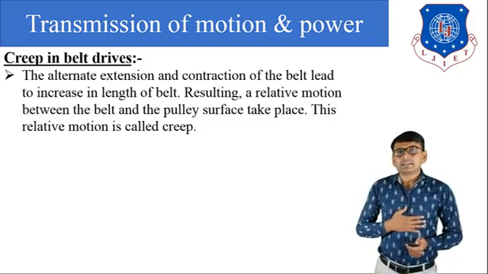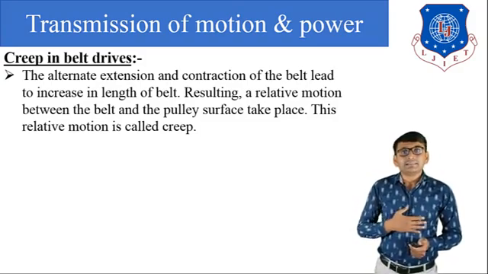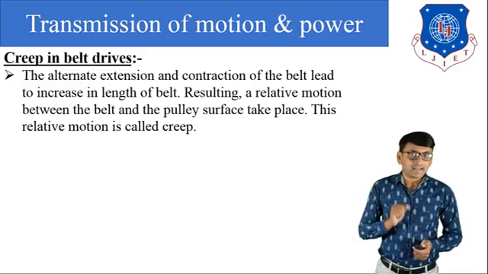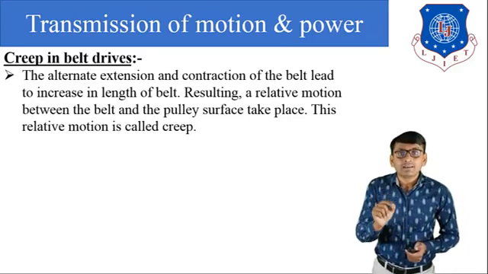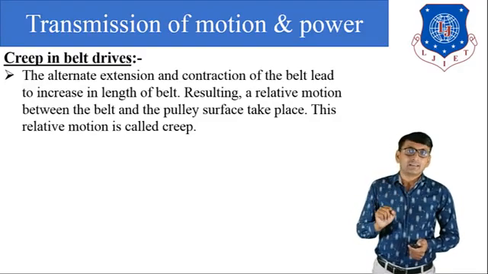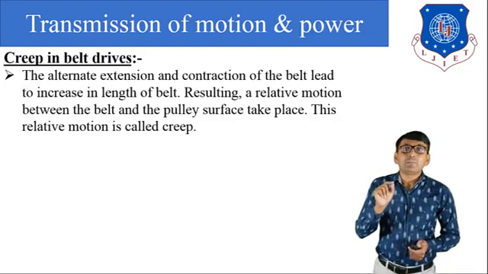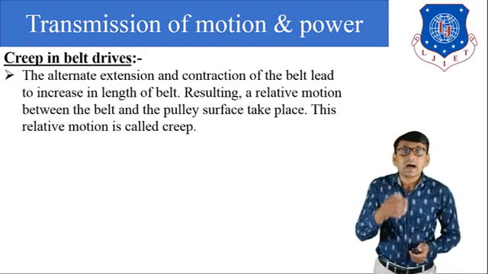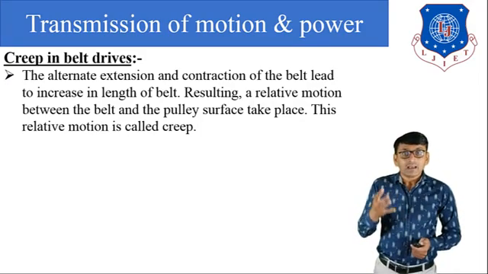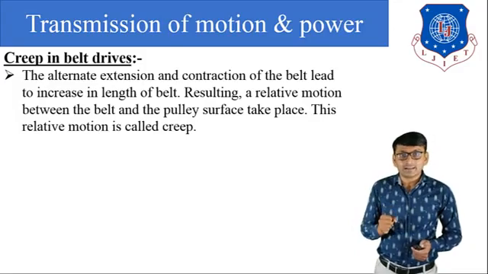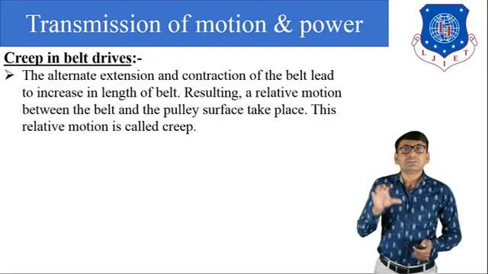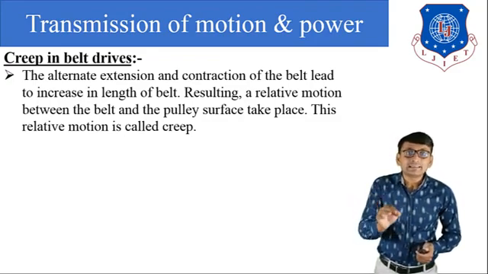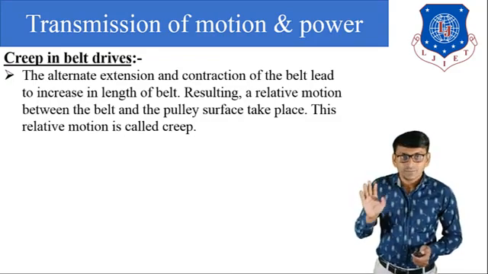Now we already discussed that in a belt drive there is a slack side and a tight side. What do we mean by slack side? That is the part of the belt which has low tension. And what is the tight side? That is the part of the belt which has high tension. Due to this low and high tension condition, the belt continuously expands and contracts, and as a result there is an increase in length of the belt.